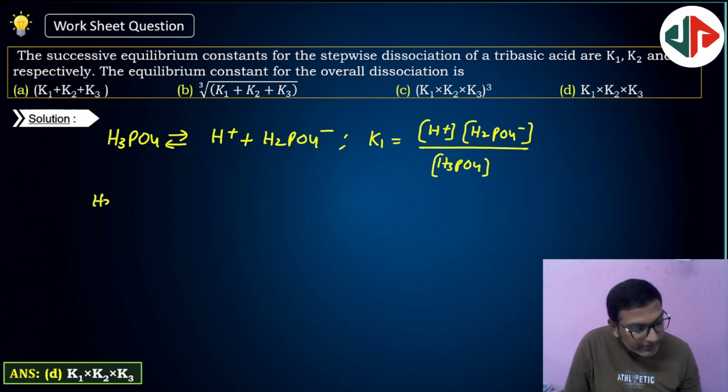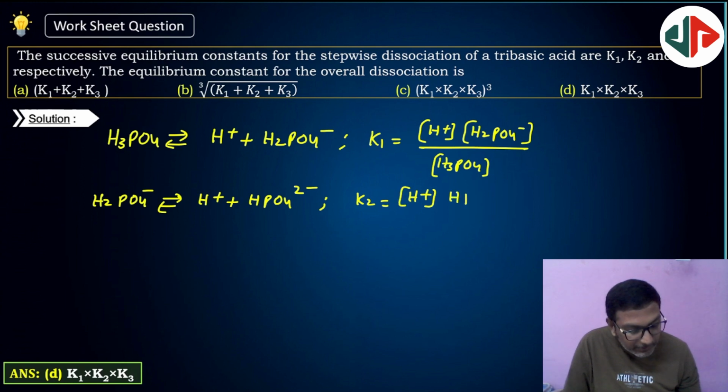Next, H2PO4 minus changes to H plus and HPO4 2 minus, K2 is H plus into HPO4 2 minus by H2PO4 minus.